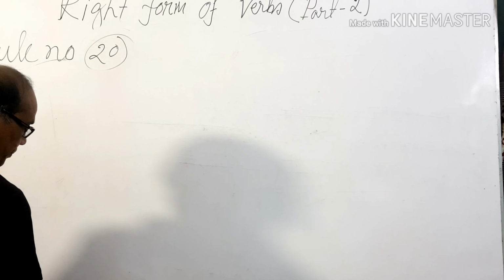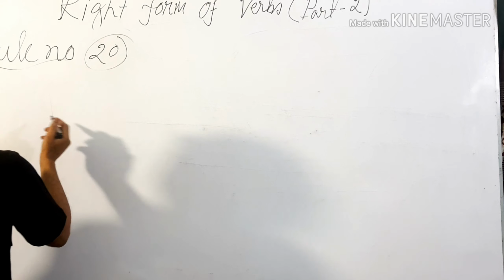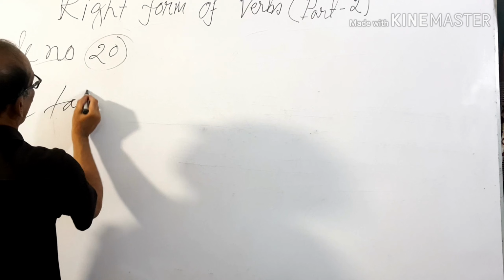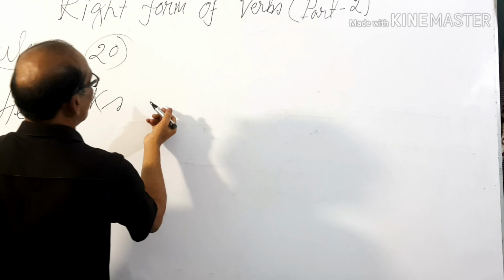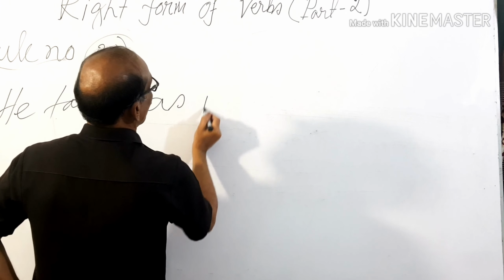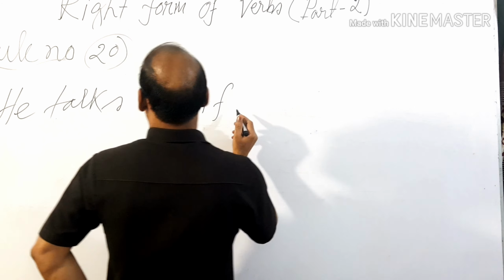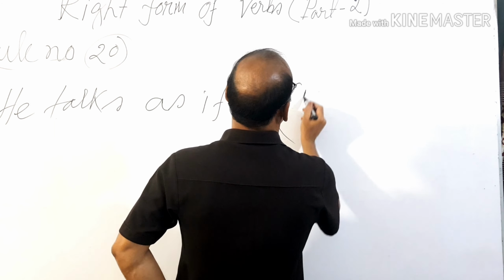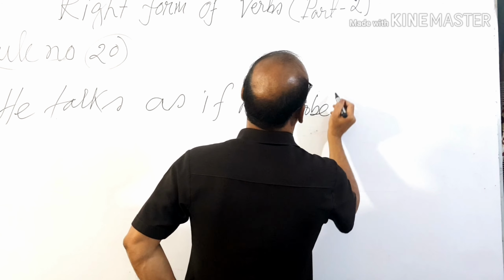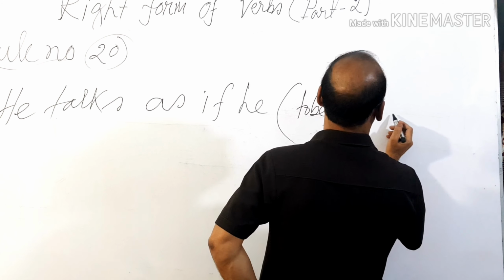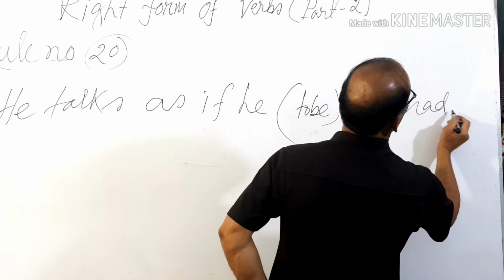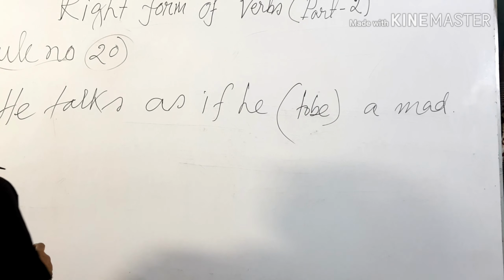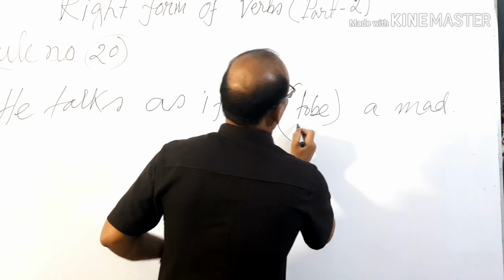Suppose he talks as if he (to be) a mad. Here to be verb.